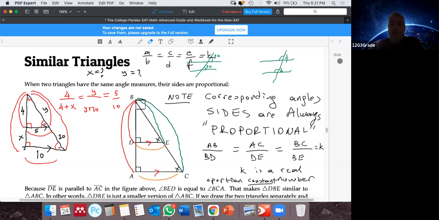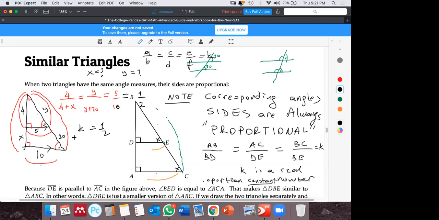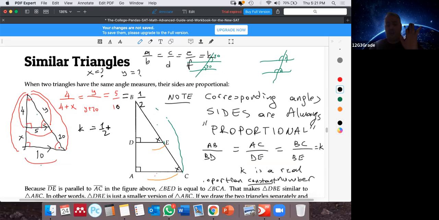Now 5 over 10 is 1 over 2. So K here is 1 over 2. Keep it in your mind.